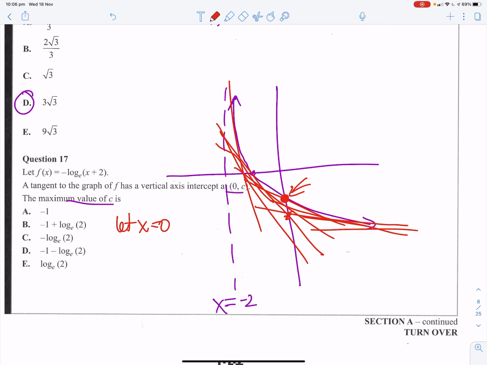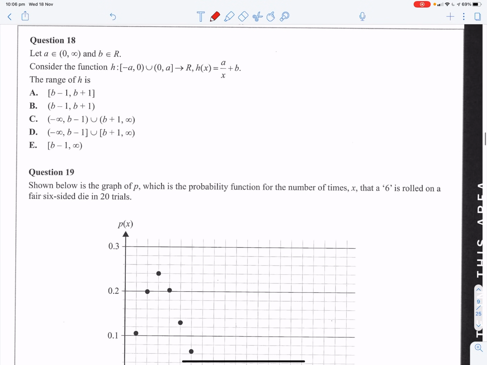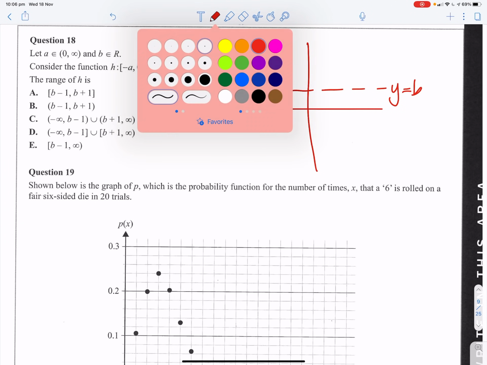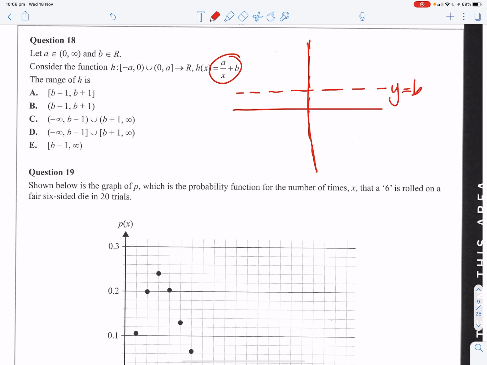If you let x equal 0, you get y is negative log e 2, which is c. Okay, a is an element of 0 to infinity, so a is a positive number. This graph has an asymptote at y equals b, and also 1 at 0.